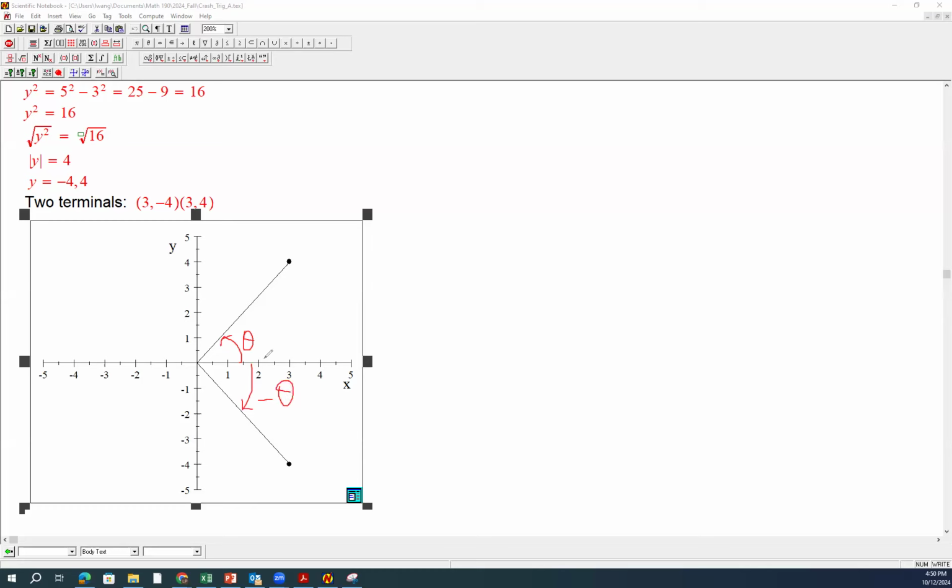So if I can represent theta, then I would be able to represent all the solutions. So how do we represent theta? I'm going to leave it blank and I'll come back to it.